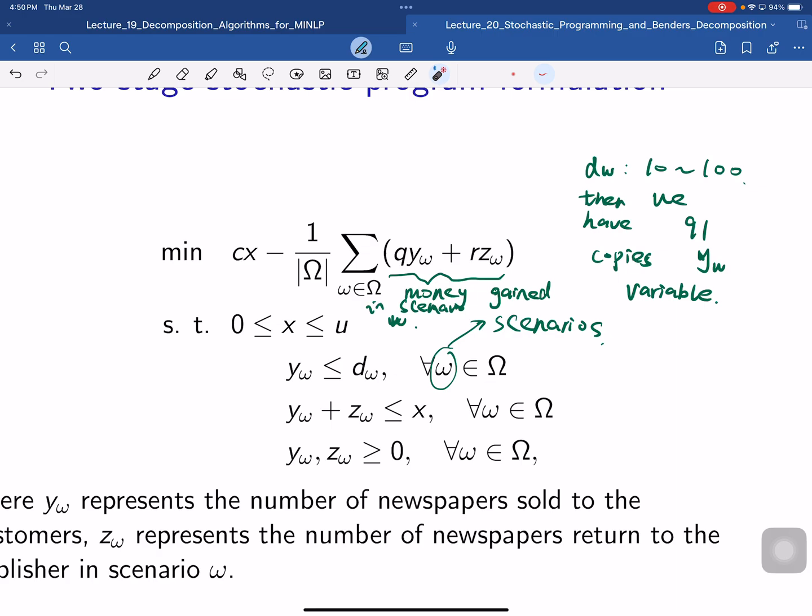Maybe I can give you another real-life example. Maybe some of you are investing in stocks or bonds, right? When you want to invest, you don't know the return of the stocks in the future, but you do want to make a decision such that your expected profit is maximized.